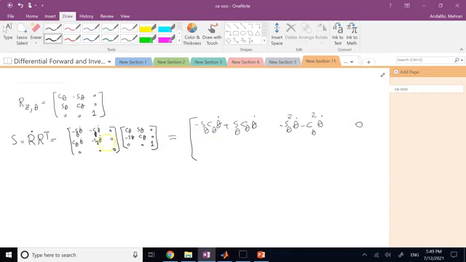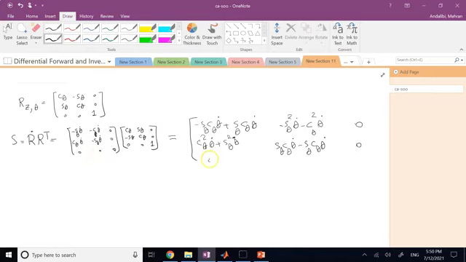Correct? Then go to the second row. It's going to be cosine squared plus sine squared. Second row, second column: sine cosine minus sine cosine. And then second row, third column, again 0.